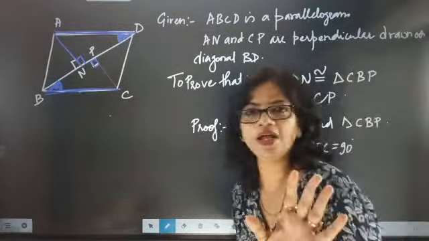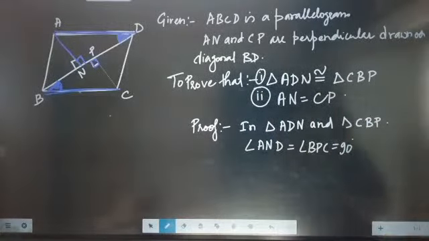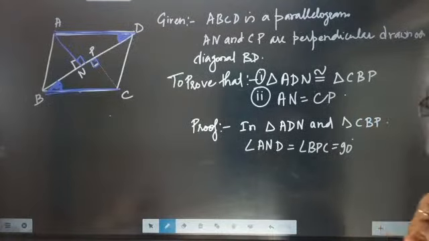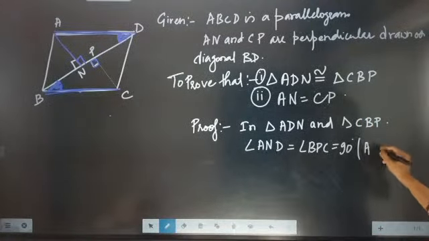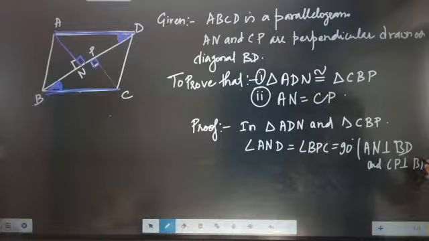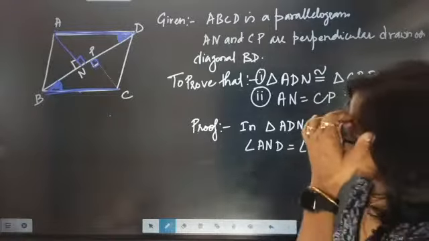First, the 90 degree angle I am just going to take, and I am going to say that this is 90 degree because AN is perpendicular to BD and CP is perpendicular to BD. Okay, so now this angle is 90 degree.